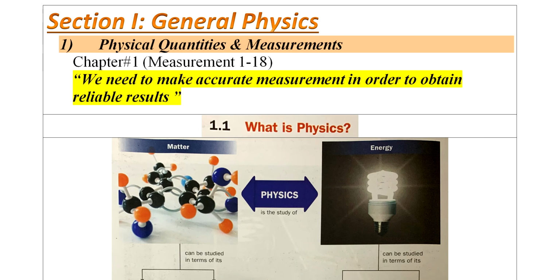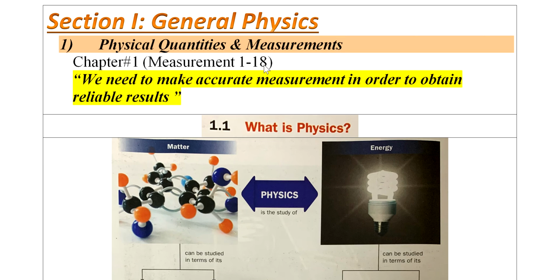Before going through those physical quantities, I expect from all of you to open your notebook, write today's date, and then write section 1 general physics, and 1 physical quantities and measurement, chapter 1 or unit 1 measurement, page 1 to 18.